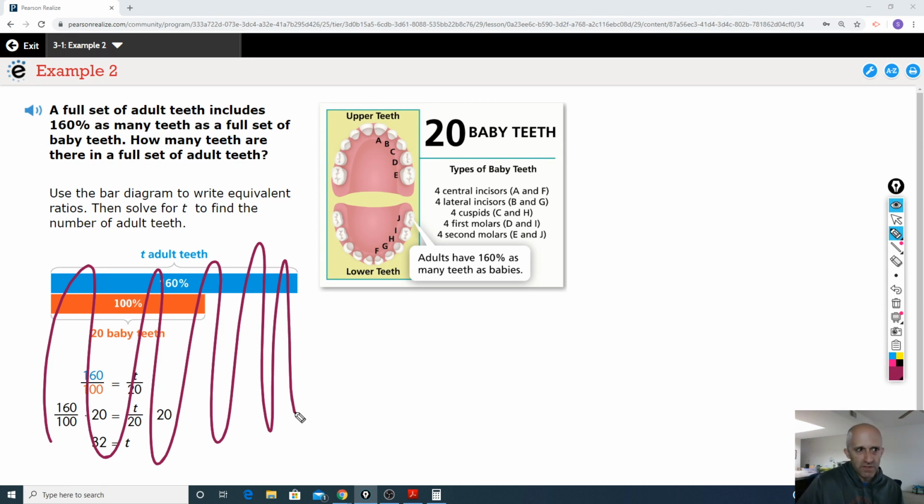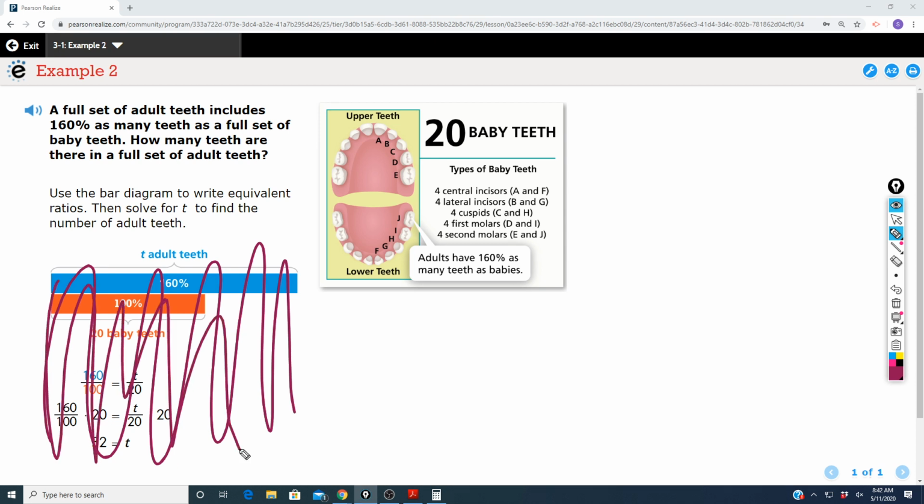I want to break it down because it gives you this information, which is correct, but just to give it in my spiel. A full set of adult teeth includes 160% as many teeth as a full set of baby teeth. How many baby teeth are there?